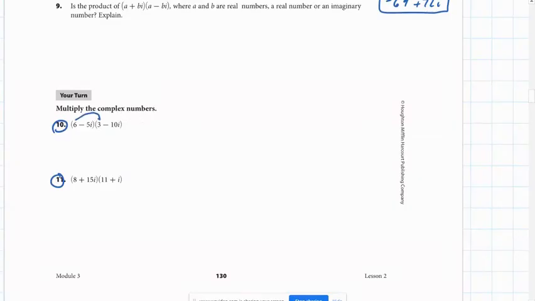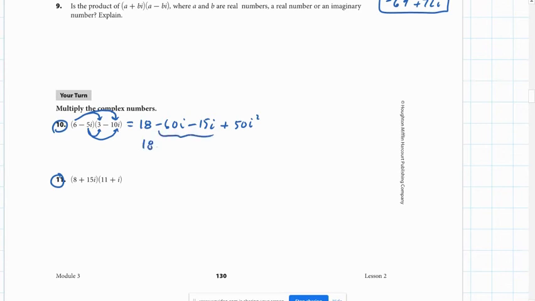This one I'll do by the FOIL method. 6 times 3 is 18. 6 times -10i is -60i. -5i times 3 is -15i. -5i times -10i is positive 50i squared. So that's 18.